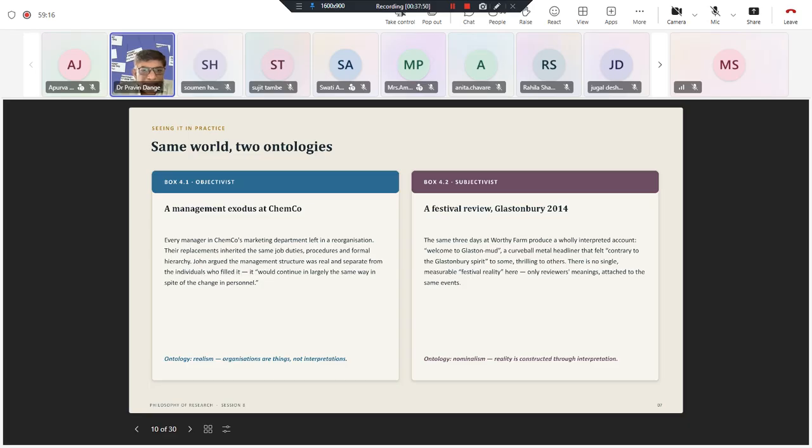So take the example of this, right? Same world, two ontologies. Take a management exodus at a chemical company. Every manager in the chemical company's marketing department left the organization. The company replaced all the people. So what does it mean? Management remains the same. People may change. That's an objective stance.